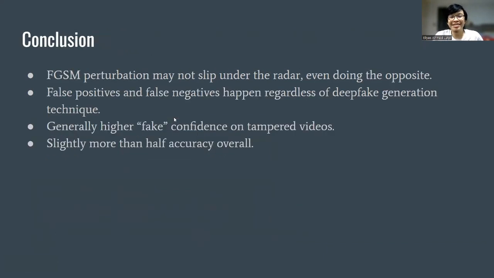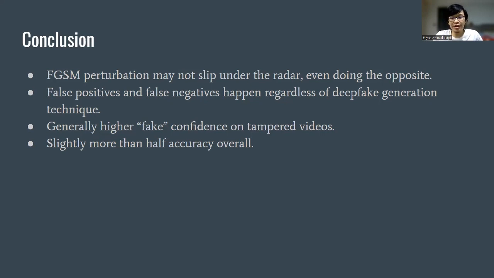What does all this tell us? The conclusion that can be drawn here is that for CViT, FGSM perturbations may not slip under its radar. It may even do the opposite. It may even make videos more likely to be detected as fake. With CViT, false positives and false negatives happen a lot, regardless of the deepfake generation technique used, and regardless of whether the video is real or not in the first place.